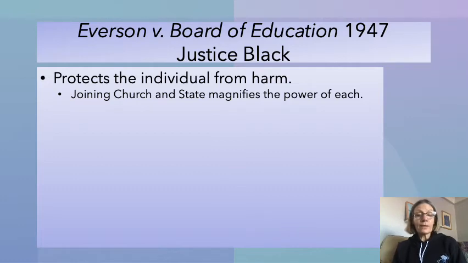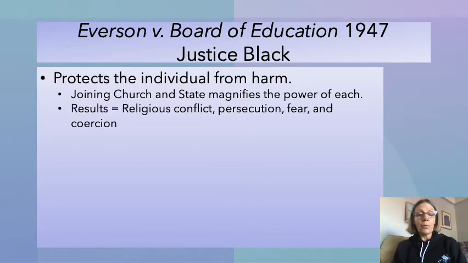And also because the state is maybe favoring one religion over another, it can magnify its own power as well. When you join church and state and their power is magnified, that can result in religious conflict. As one church becomes aligned with the power of the state and becomes more powerful, it can use the coercive power of the state to potentially make people come to their church and find more adherents. That can lead to religious conflict, persecution, fear, coercion, right?